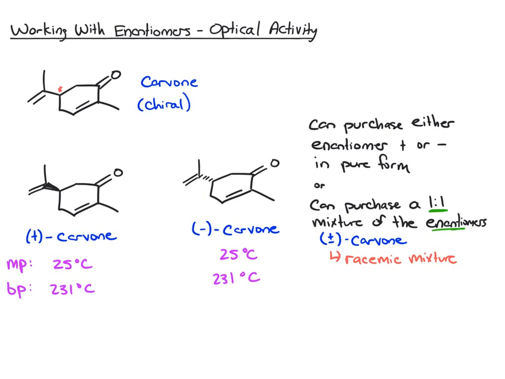But there's one physical property that is different, and that has to do with the chirality of these molecules. This property is the optical rotation. We often abbreviate it as this alpha D20.